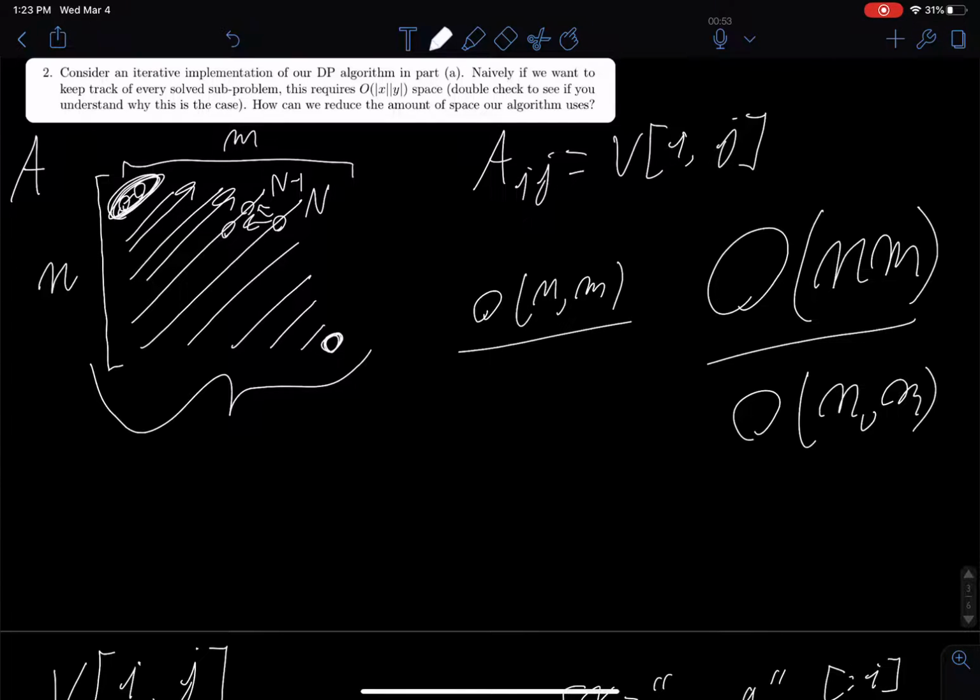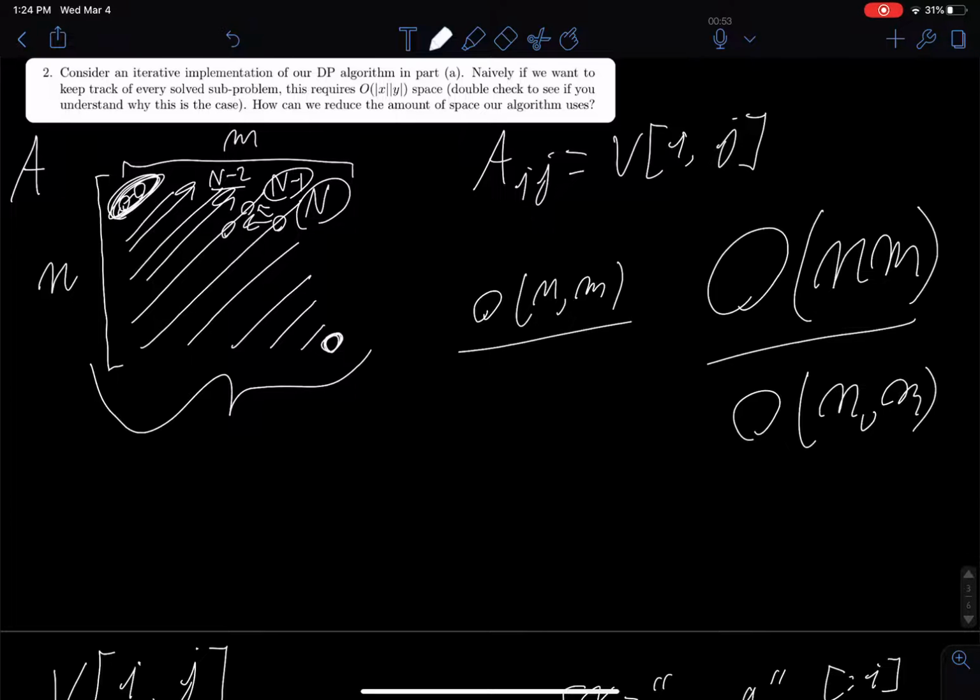Because when we're computing diagonal n, we only need to know the values of diagonal n-1. We don't care anymore about the values on diagonal n-2. So all we have to store at a time is the values of two different diagonals: the one we're currently computing.